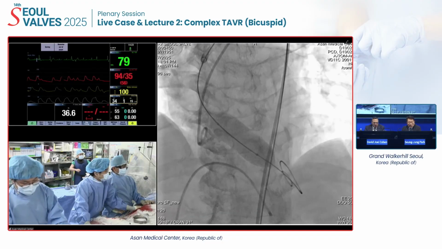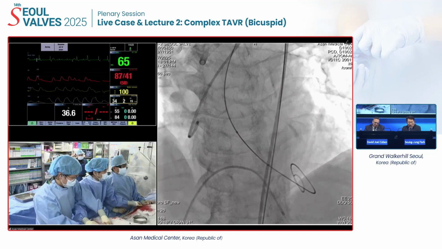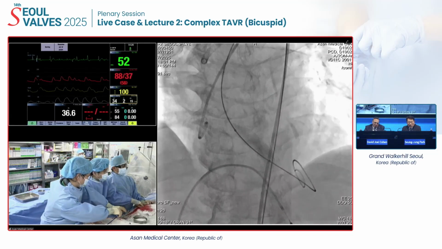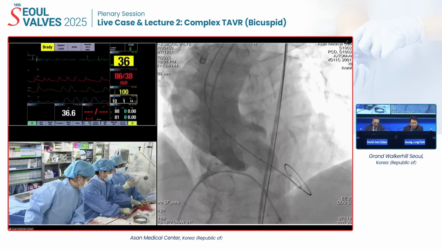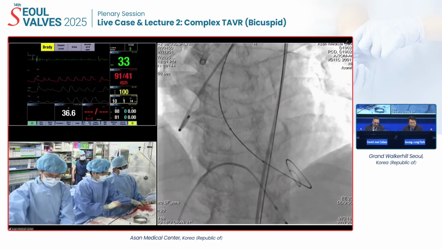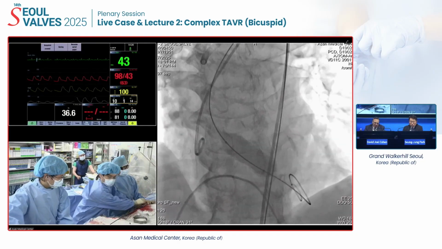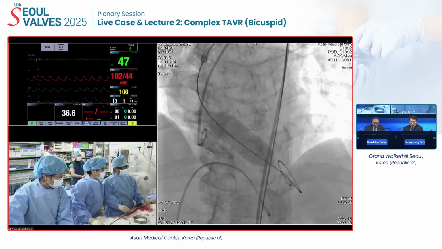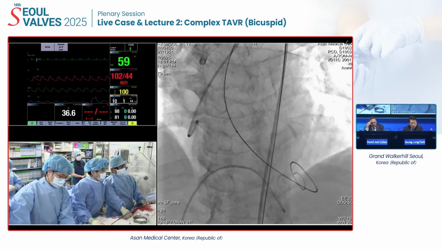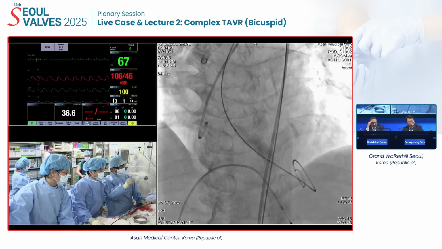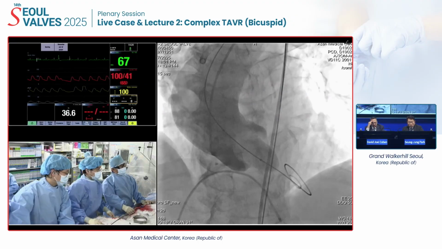For this patient, both the SAPIEN and EVOLUT systems are good because the aortic valve complex is very large. Even after self-expanding implantation, coronary access would be good. So I think both are good for this case.